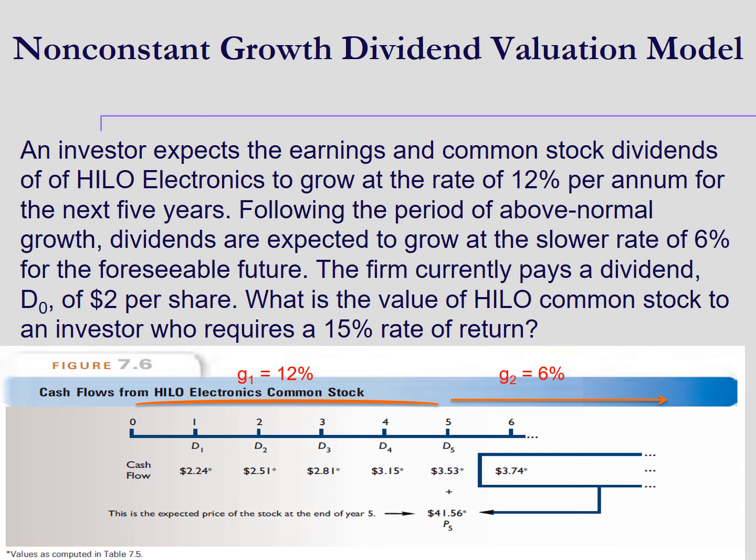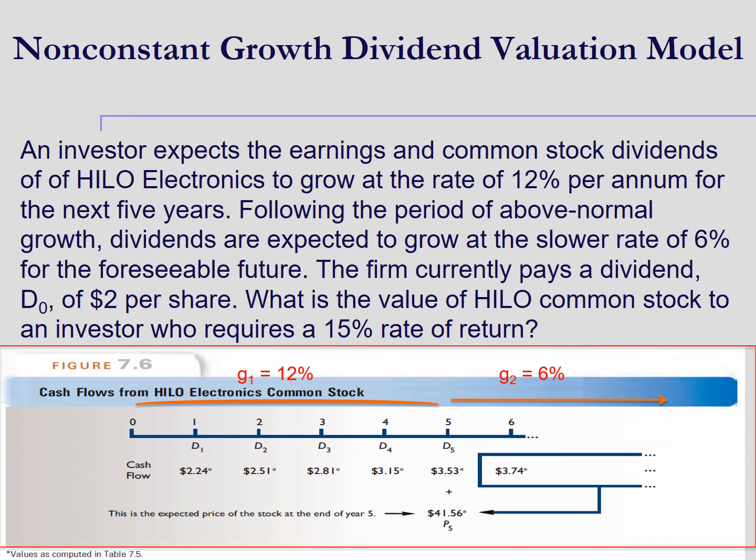If we look at the cash flow timeline presented here, we find that we can actually reduce this sum of infinite series problem into a finite holding period problem. How? First, let us step forward to the end of year 5, that is, the end of the non-constant growth period, and look forward.